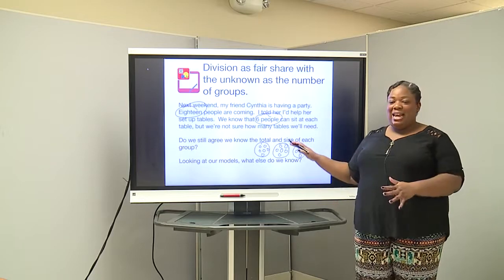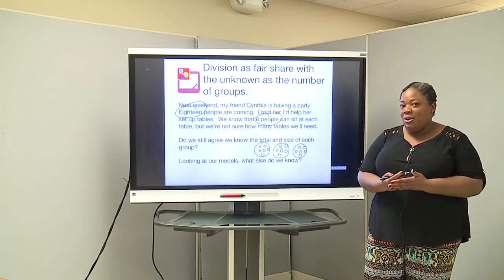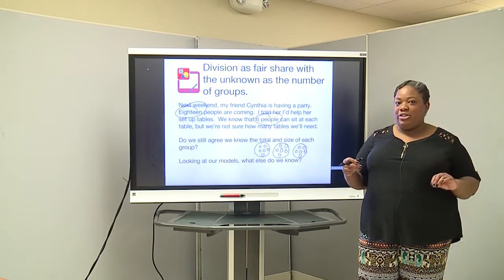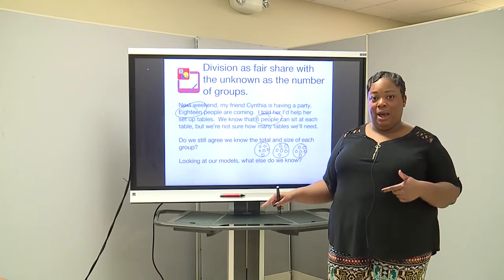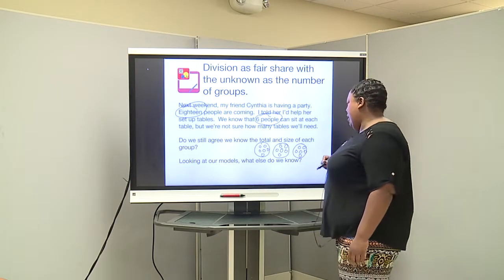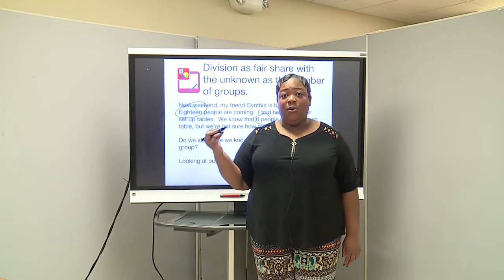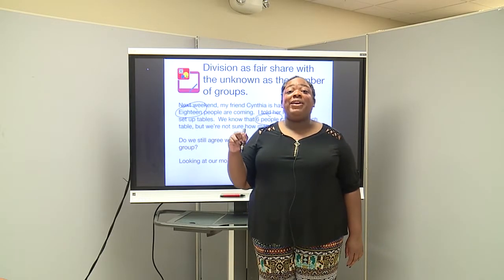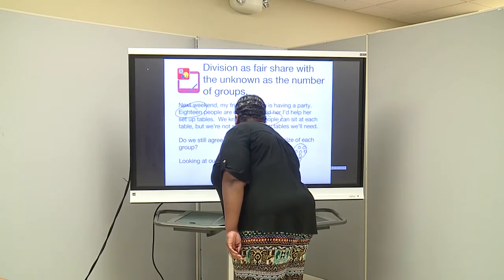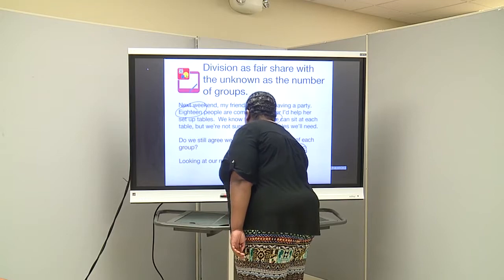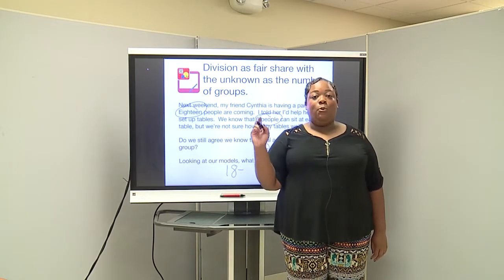So let's translate this picture into a division sentence. Not only that, let's make sure that we know what the numbers mean, because those numbers should be represented in that picture somehow, okay? So let's look at what we have. Remember, what do we start with in a division equation? We start with the total. We have 18 people. And of those 18 people, only 6 can sit at one table.